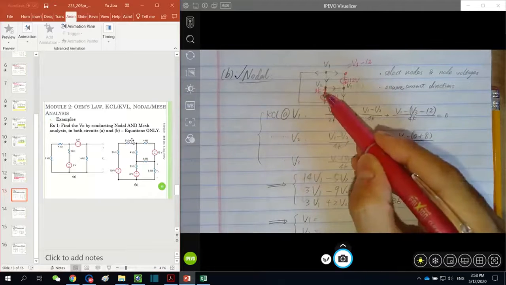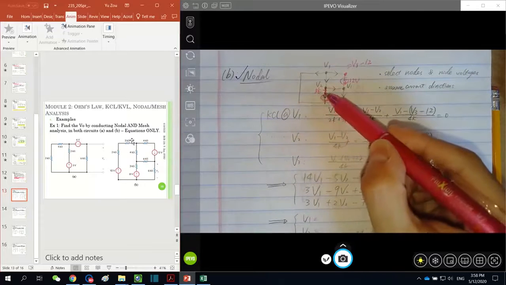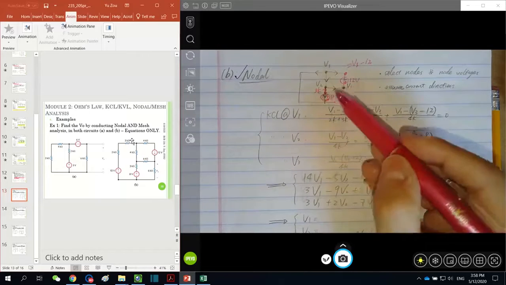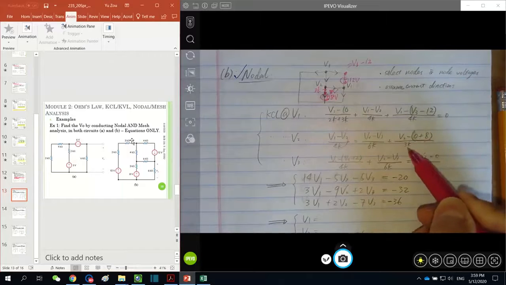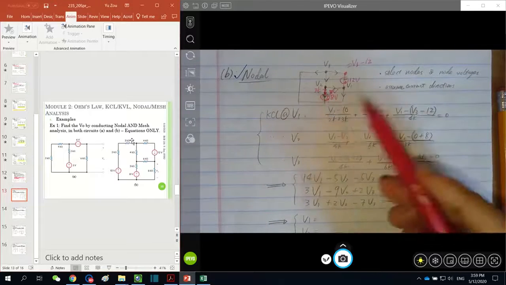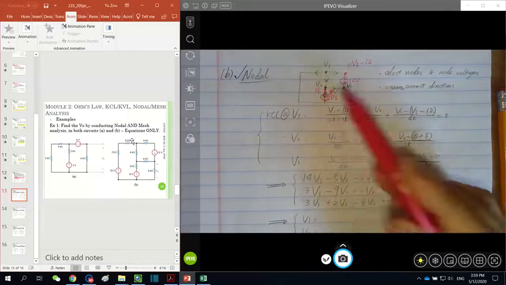So what is the voltage here between the 8 volt and 3 kilo ohm? It's actually just equal to 8, right? So V2 minus 8 divided by the 3 kilo ohm in the middle equals the current down here.